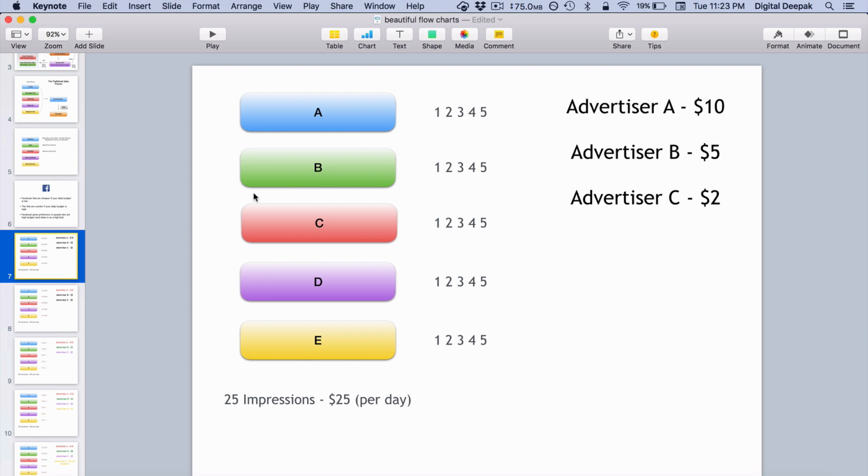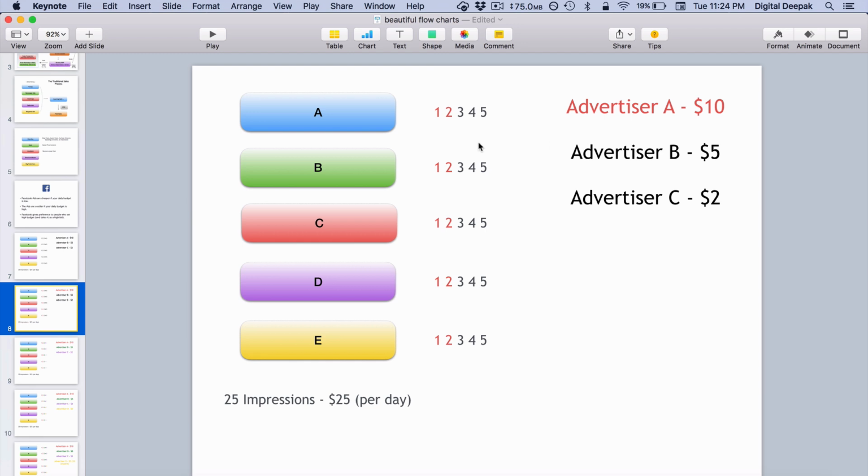So let's look at how the distribution will be. I have marked advertiser A in red, and what will happen is that Facebook will start placing the ads of advertiser A at the first slot of person A, first slot of person B, first slot of person C, first slot of D and first slot of E. And then they have run out of people, but advertiser A has spent $10, which means that they have bought 10 impressions.